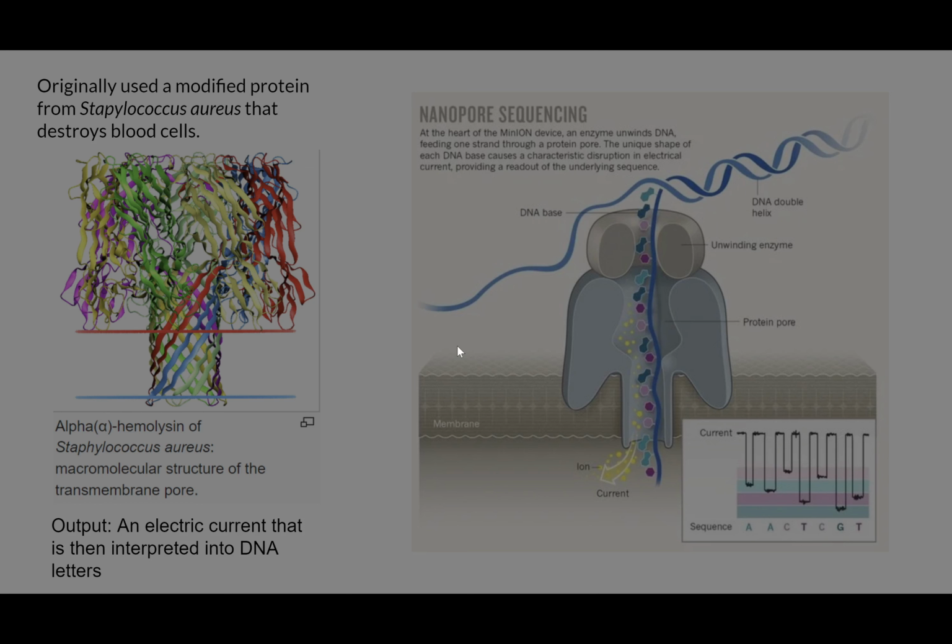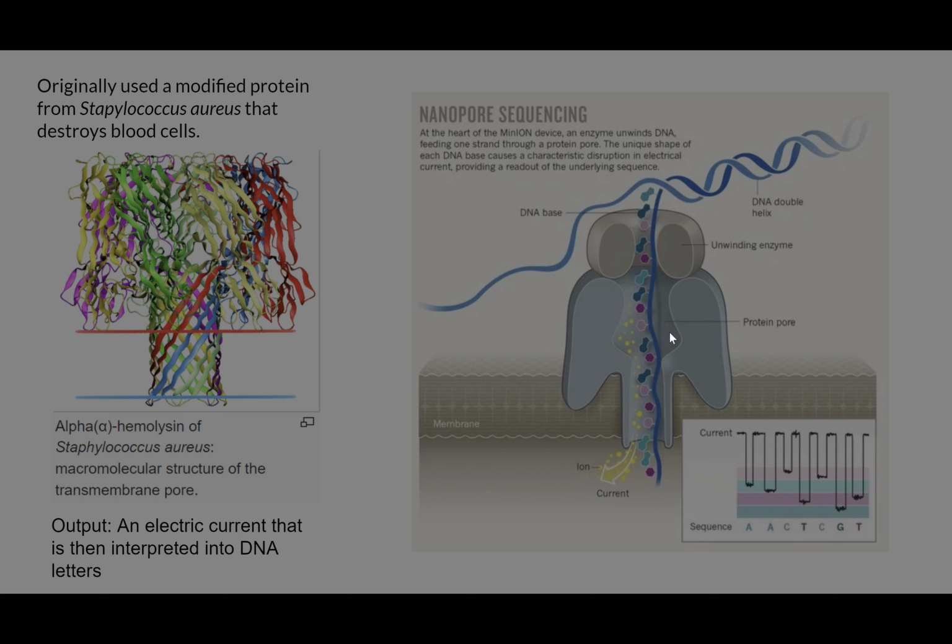And so over time and with lots of development, this nanopore sequencing technology has come about where these proteins are embedded in a membrane in an electronic device, and this membrane separates two electrolytes, and there's a different electrical potential across the membrane. So you have a concentration gradient such that when you allow ions to move from one side to the other, you end up with an electric current.